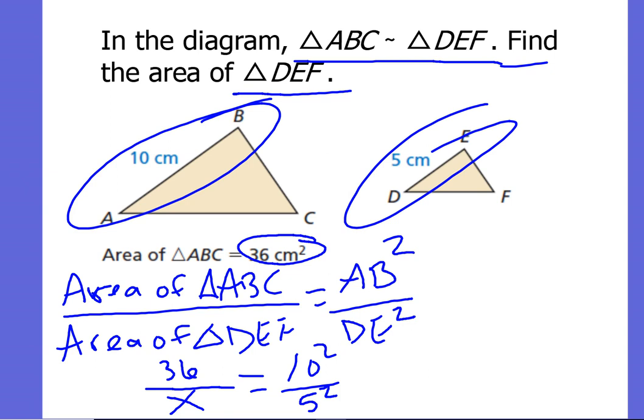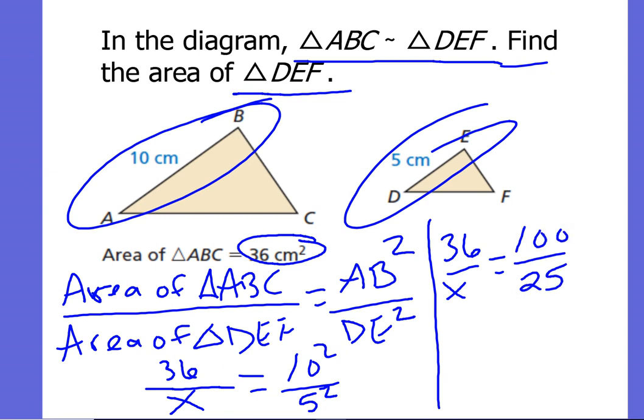So really, I end up setting myself a proportion where I have 36 over x is equal to 100 over 25. 25 goes into 25 once, into 100, 4 times. And so we get 4x equals 36.